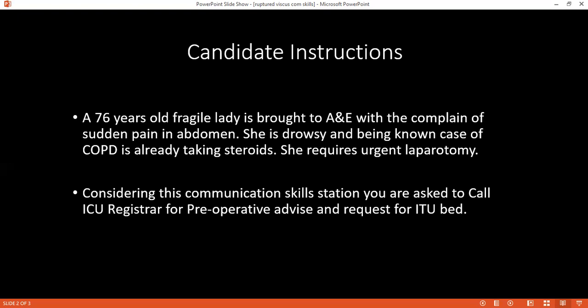Can you summarize all the discussion that we've had until now? Yes, I have a 70-year-old female who is going to have a laparotomy because of a perforated viscus. The plan of management is to give her IV fluid and antibiotics, and also I'll do some investigations, ECG, chest X-ray, and also insert a urinary catheter. Then I will give her IV hydrocortisone.